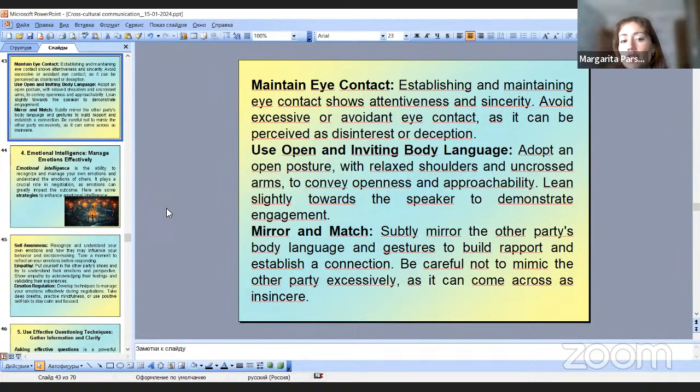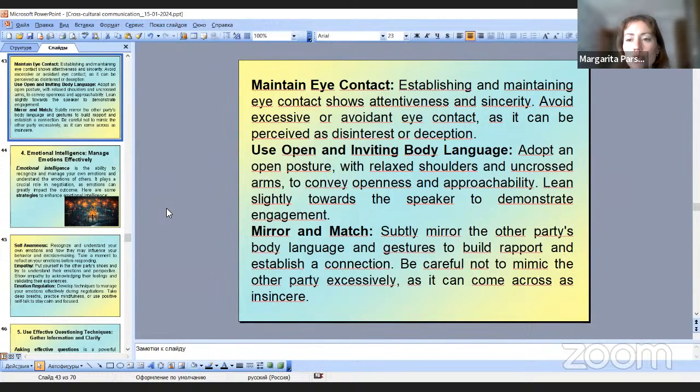The next key factor: mirror and match. What's mirroring? You take a body posture similar to the one the person you're speaking to has taken, with maybe somewhat alike gestures.